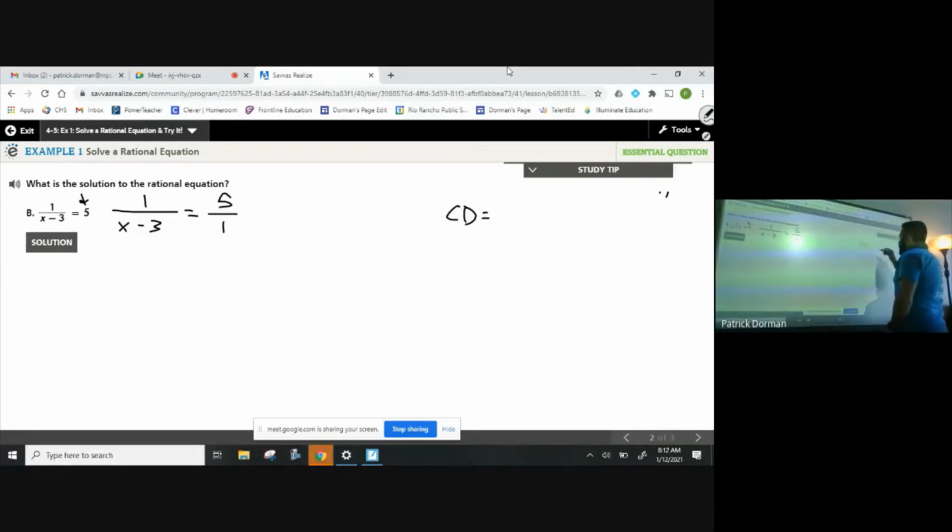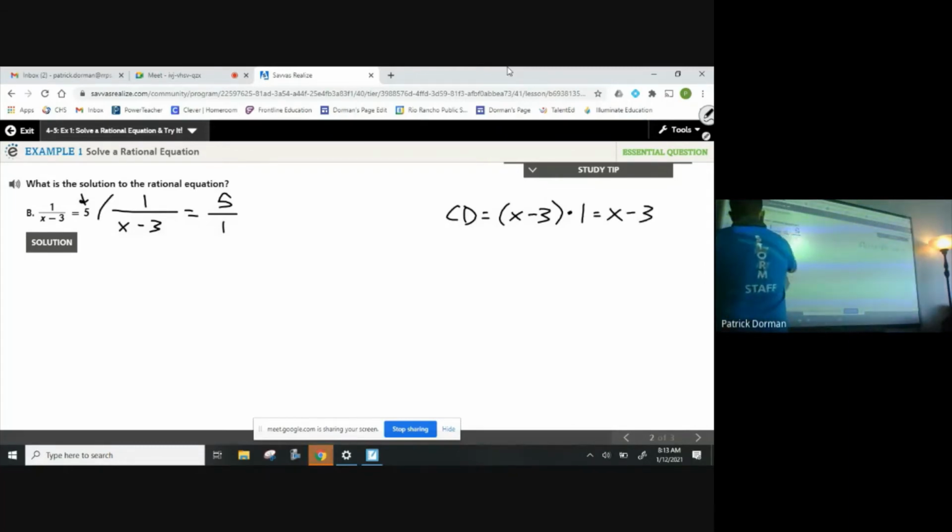Of course, these are going to get much more complicated later where maybe you'll have to find the common denominator where both the denominators are like maybe x minus 3 and x plus 2. So it's not too complicated now since one of the denominators is 1, because that just becomes x minus 3.